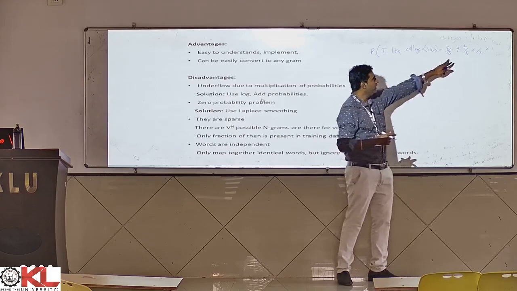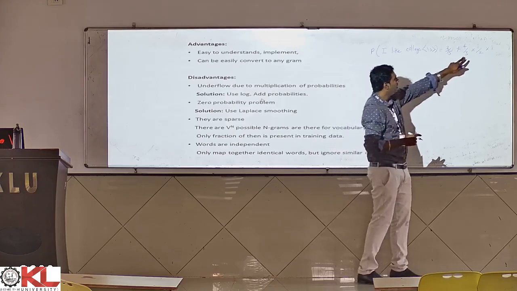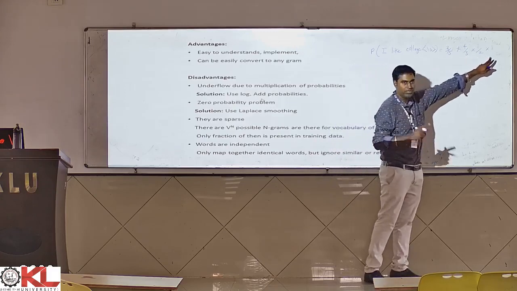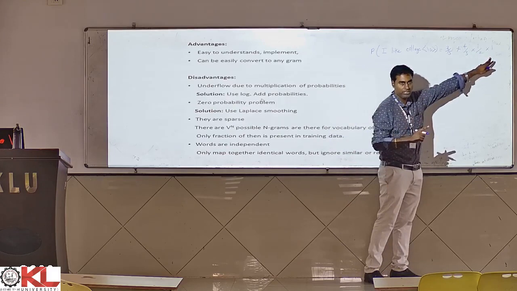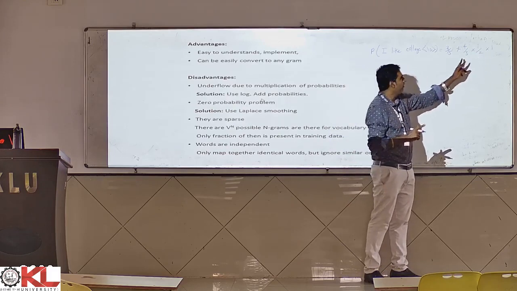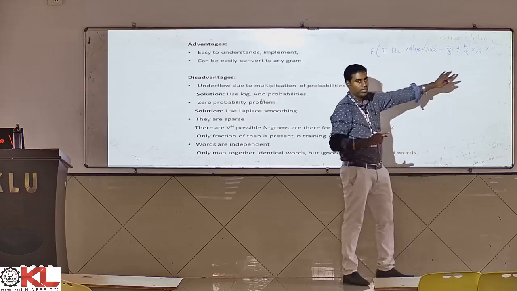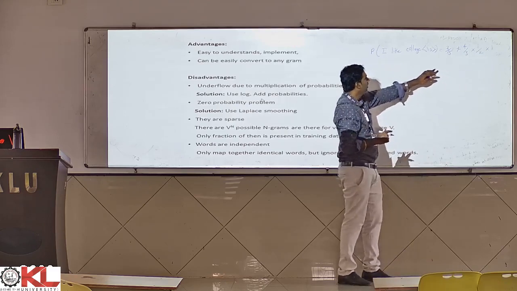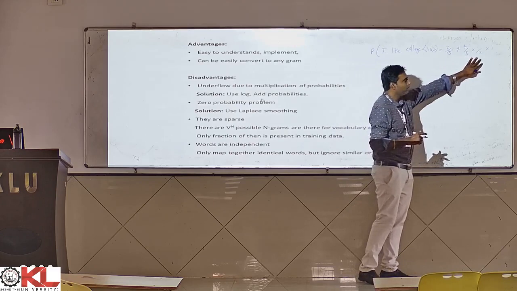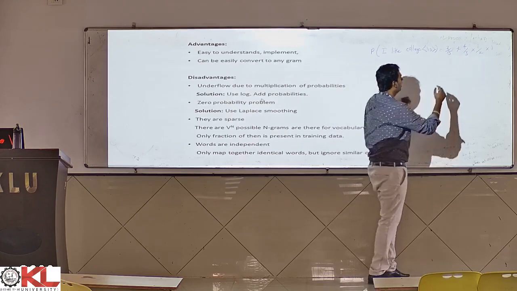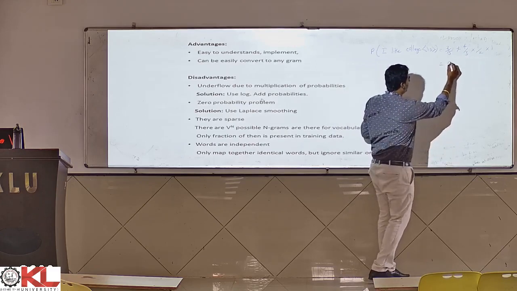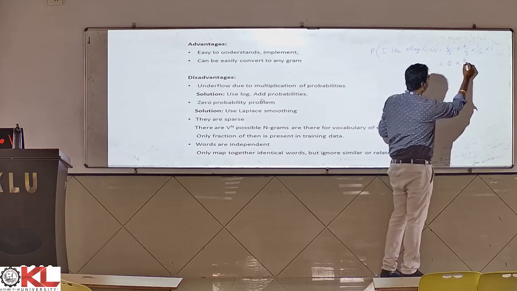So here we checked four different probabilities for the individual words, and then we multiplied all of them. Now, for example, three of the probabilities are fine, but one probability becomes 0. So what is the end result?